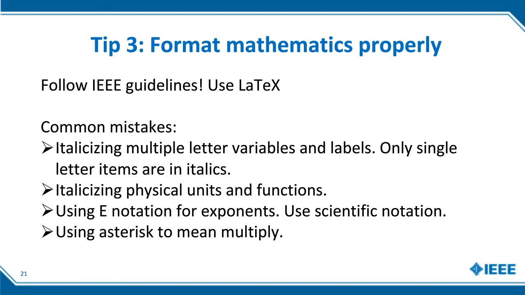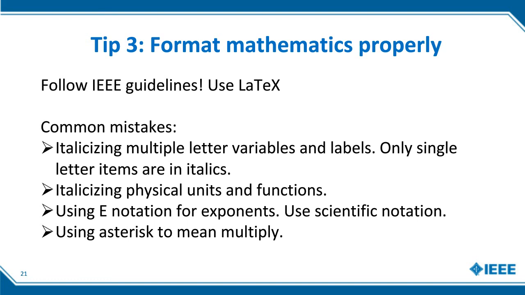Some common mistakes people make is italicizing multiple letter variables and labels. Only single letter items are in italics, and physical units and functions are not in italics. Another mistake many papers make is using the E notation for exponents.